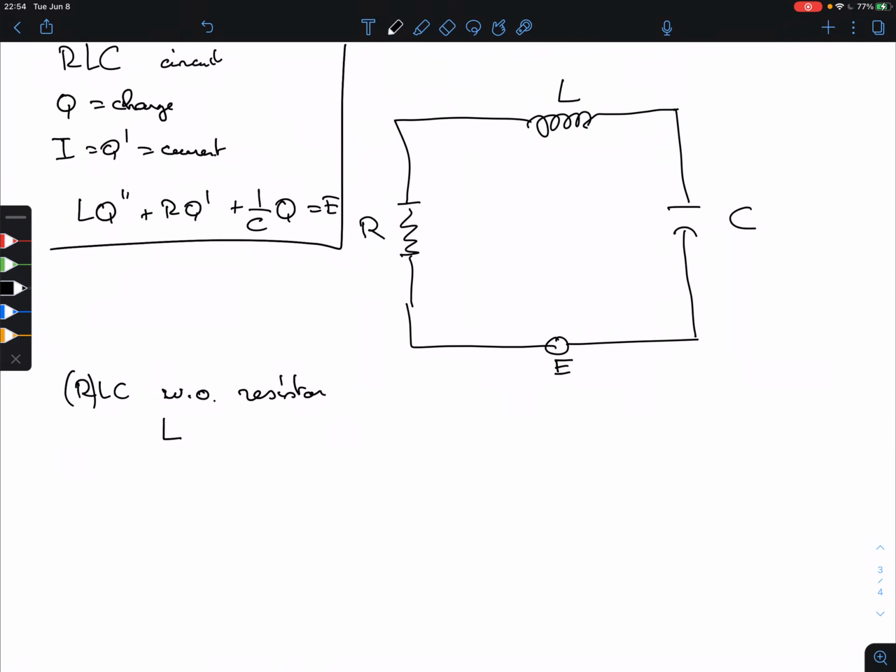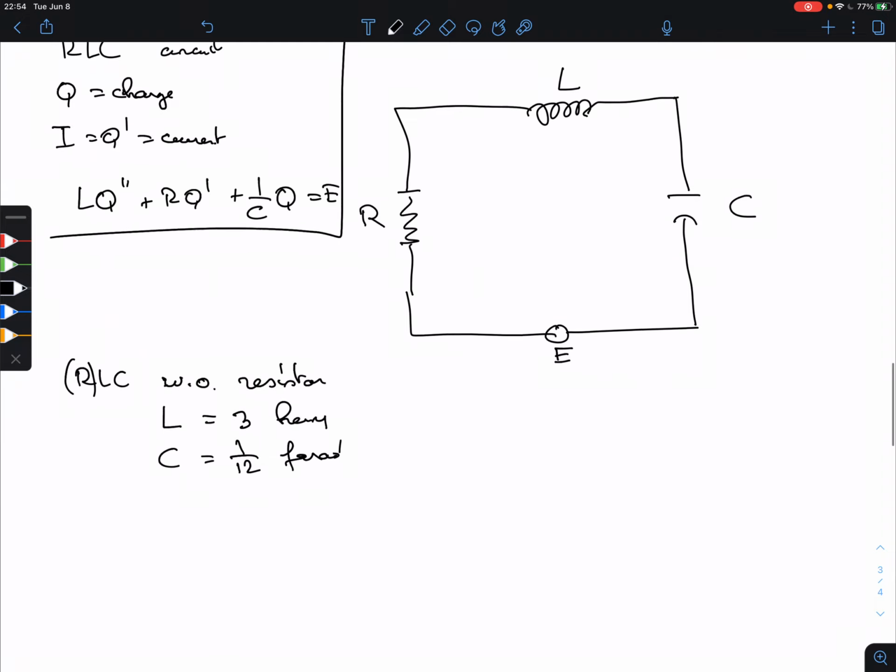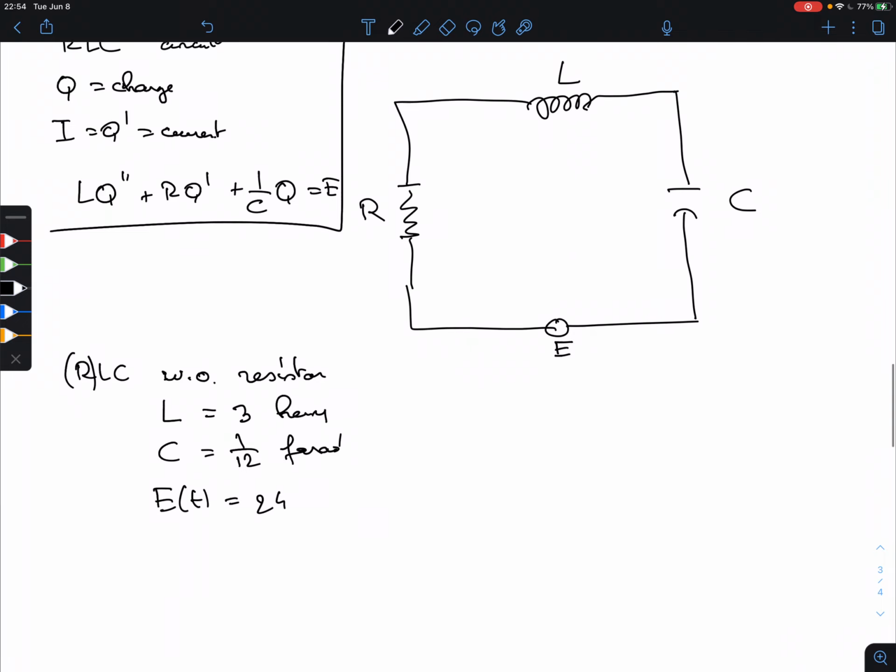The inductance, L, is 3 Henry, and the capacitance is 1/12 of a farad. So that's our situation. And there's an external source, the battery is pulsating and producing 24 sine 2t.